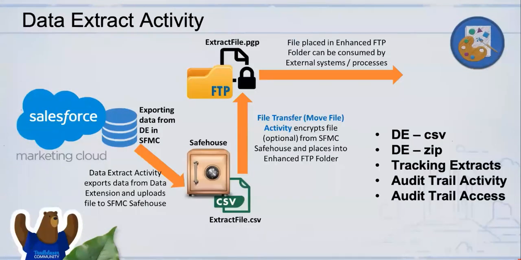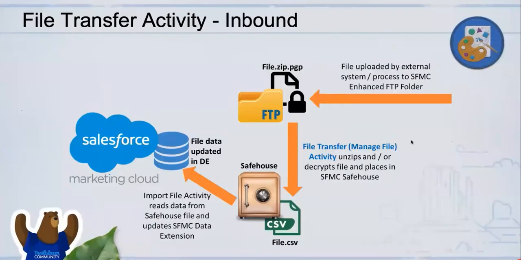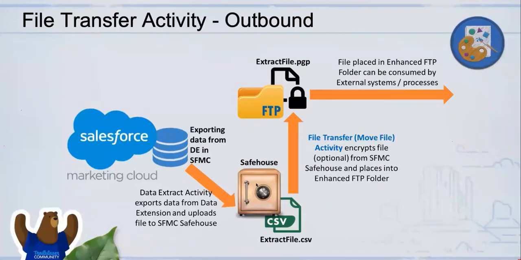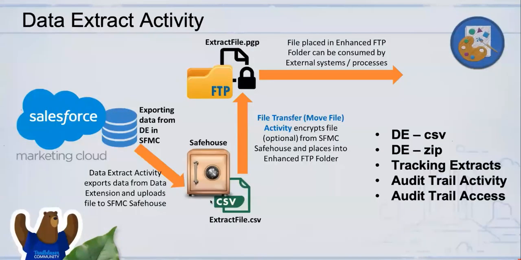And next is data extract activity. Data extract activity, again, as we saw here, when it's an outbound data transfer, then data extract activity is step 1 followed by file transfer. So data extract activity will be used in such a scenario, and you can use it to extract data from a data extension.